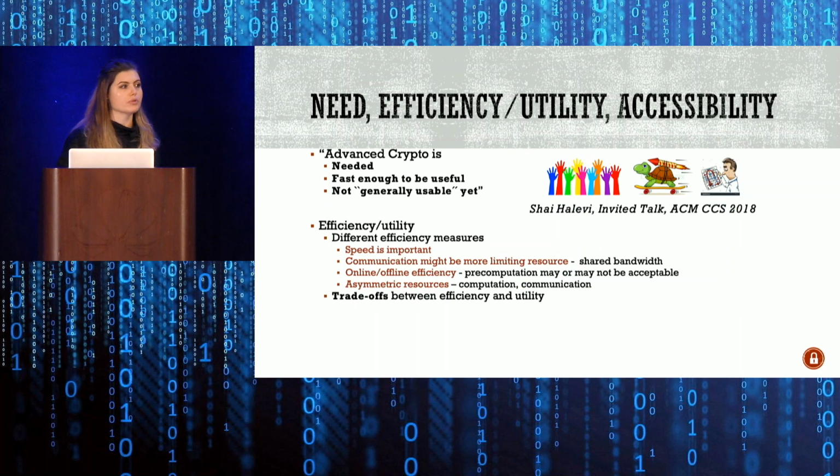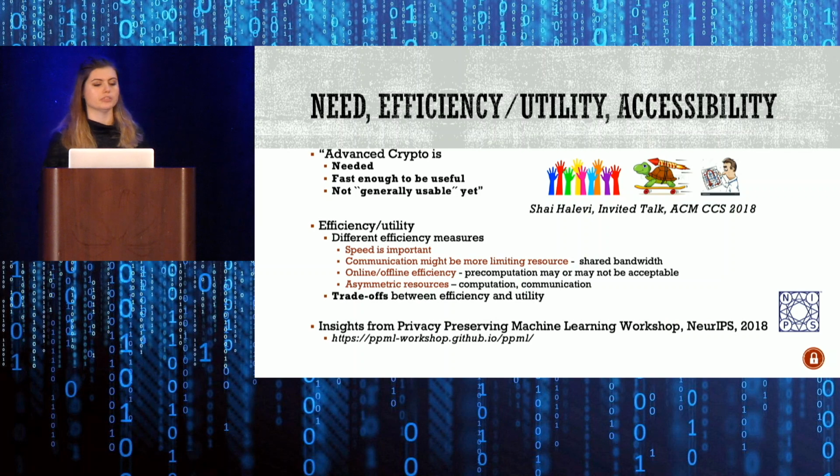In different settings, we might have incentive to do some pre-computation, and sometimes the participants in our protocols have different asymmetric resources that we have to be careful about. And also, there are many settings where we can really make meaningful trade-offs between efficiency and utility. Some of the examples that I'll be talking about in this talk will be inspired by what I saw in a privacy-preserving machine learning workshop that we organized with NeurIPS in December.